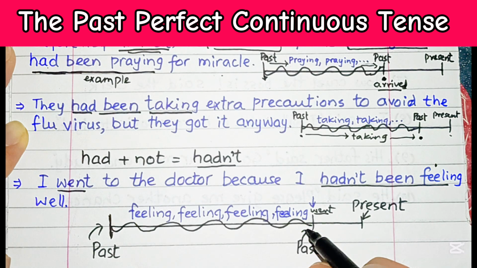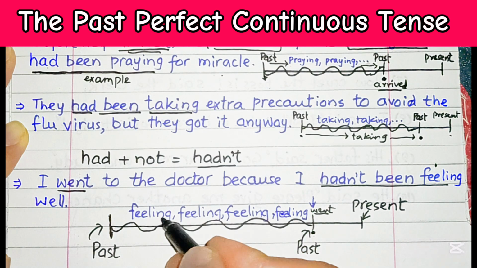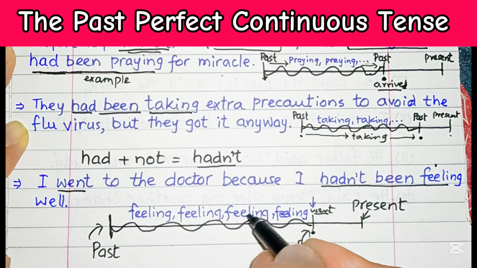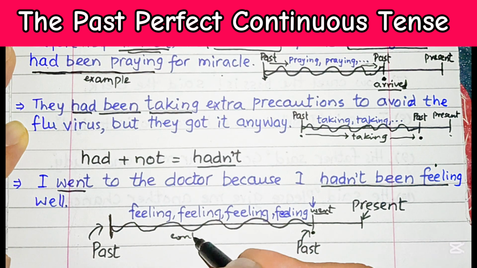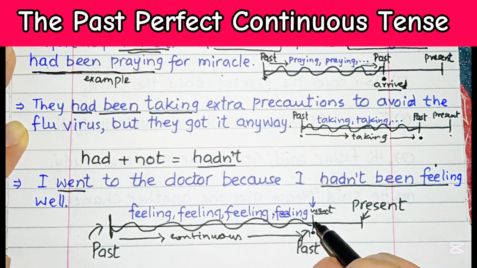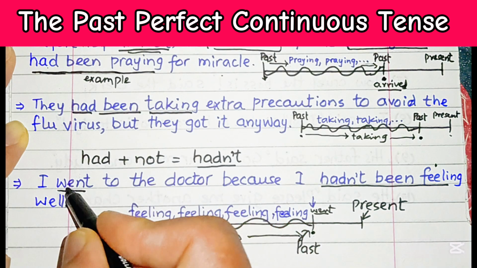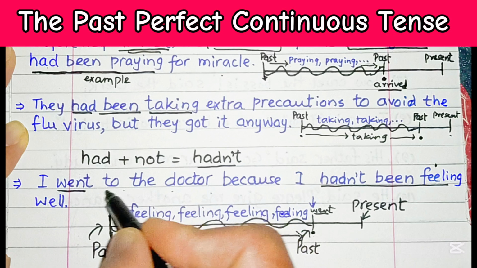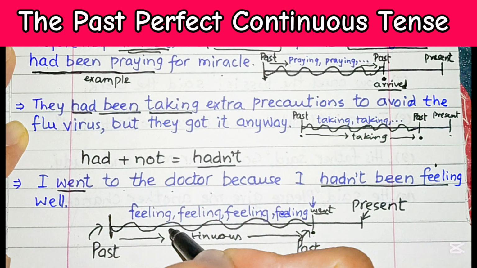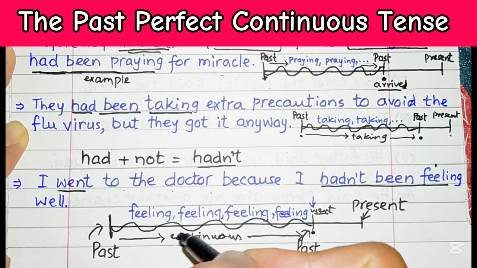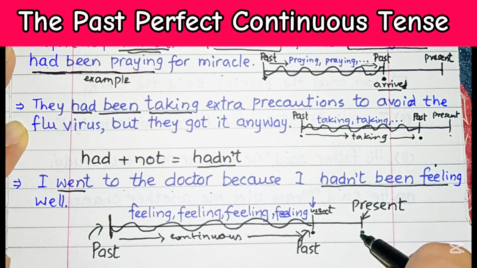This situation of feeling, hadn't been feeling well, remains continuous. It starts from here and remained till this time, and then it stopped after this happened. What happened? I went to the doctor. This happened after feeling bad or feeling unwell. And now at this point everything is okay.